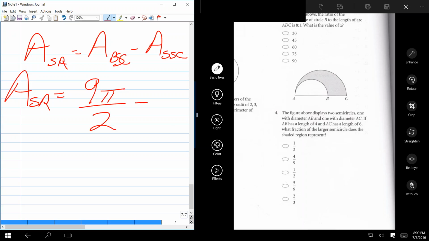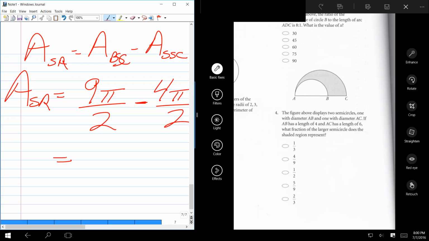Now what's the area of the small semicircle? 4 pi divided by 2. Okay. So what's the area of the shaded region?